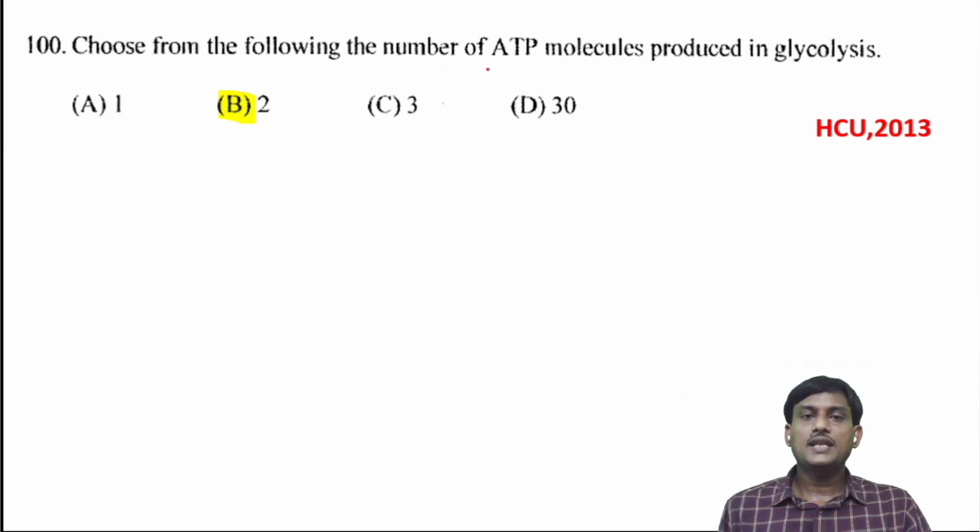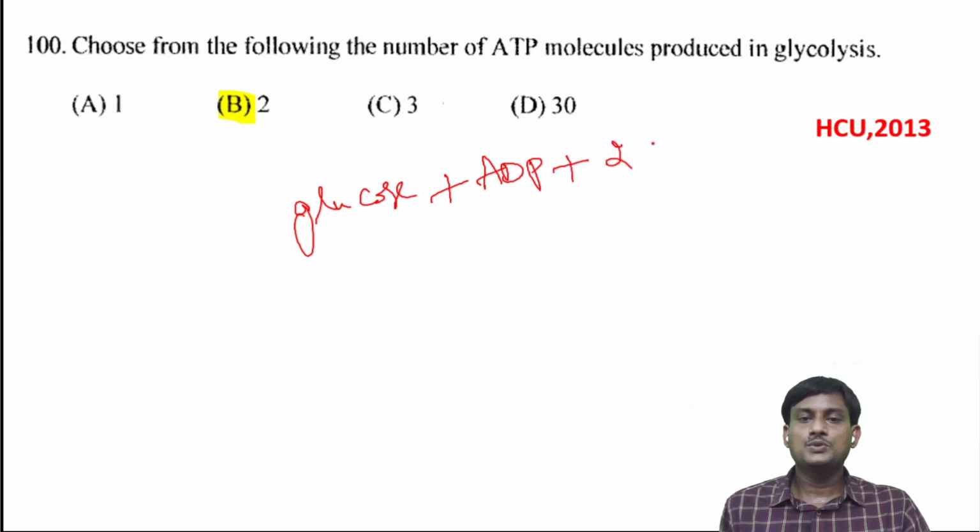Choose from the following the number of ATP molecules produced in glycolysis. In glycolysis, glucose is 1, with ADP and 2 phosphates and also NAD plus. This converts into 2 pyruvates.